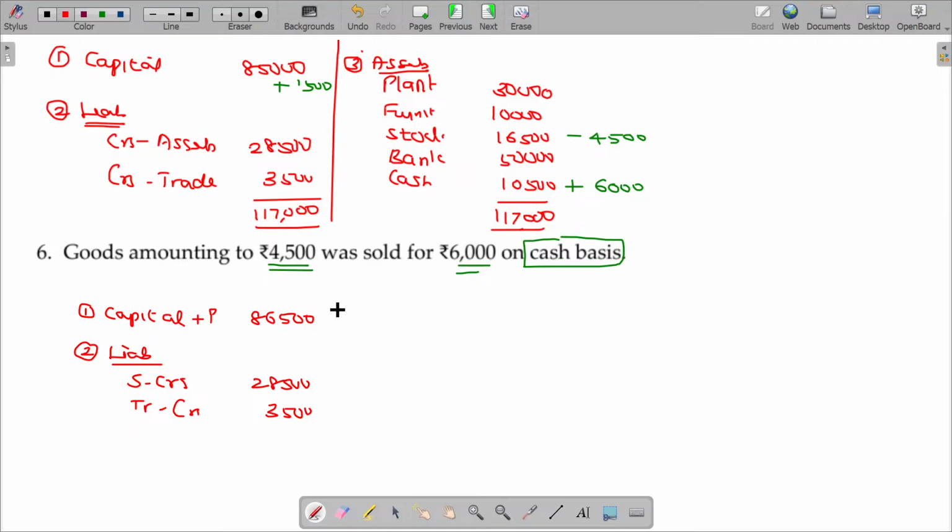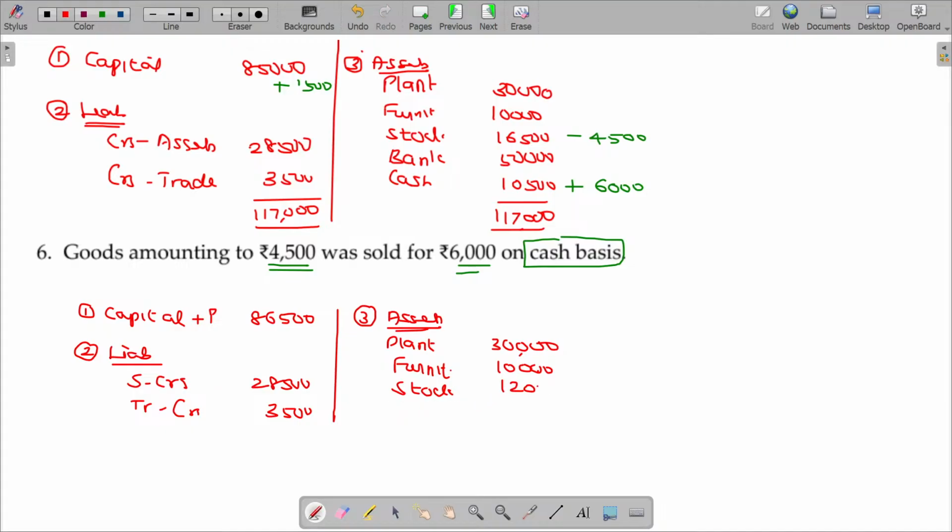And on the asset side, two assets were getting affected. The rest of the assets remain the same. Plant 30,000 rupees, furniture 10,000 rupees, stock 16,500, stock 4,500 decreases.